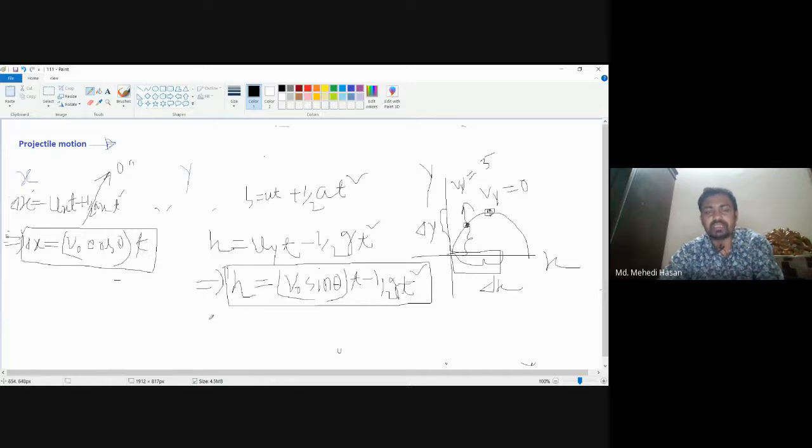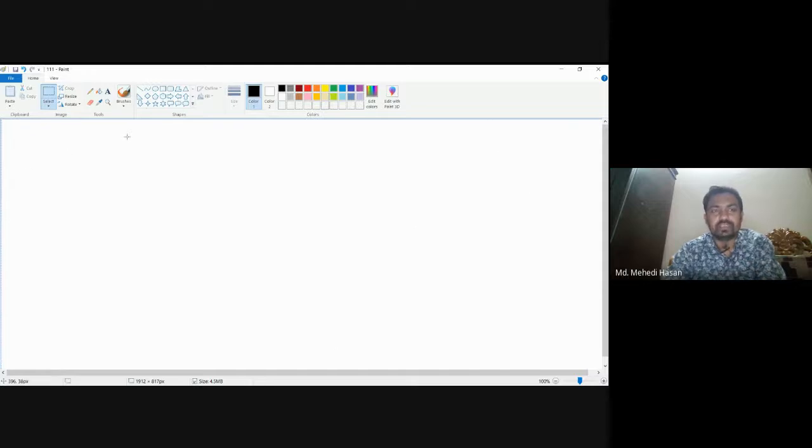In the projectile case you have to remember these equations. Horizontally, we have the horizontal velocity vx equal to v naught cos theta, and del x, or you can say d, or also r, the horizontal range r, same thing, equal to v naught cos theta into t.